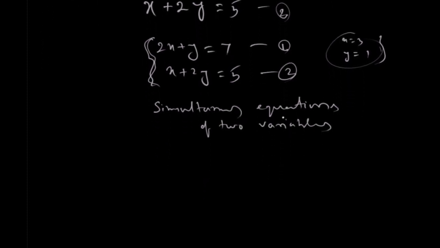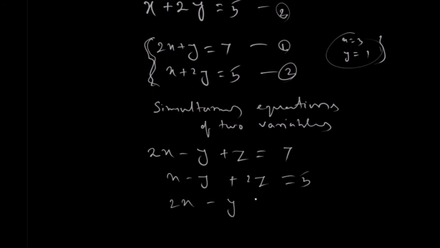So when there are two variables, you need two equations for a unique solution, and when there are three variables, there may be equations like this: 2x minus y plus z is equal to 7, x minus y plus 2z is equal to 5, and 2x plus y plus 3z is equal to 11. This is a system of simultaneous equations having three variables x, y and z.